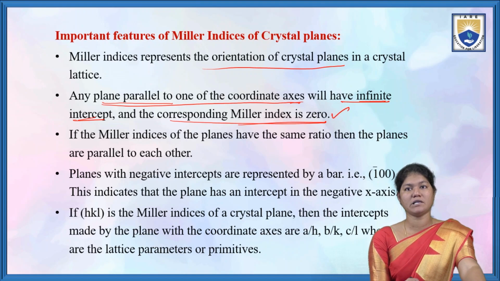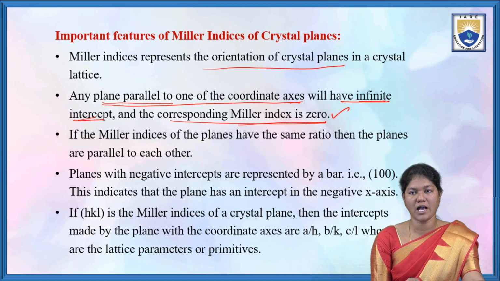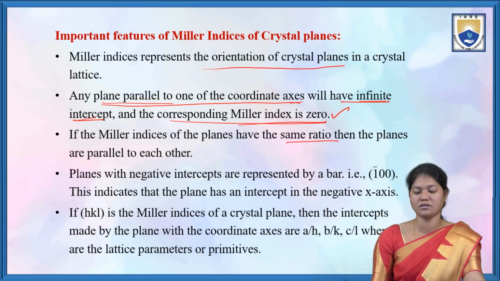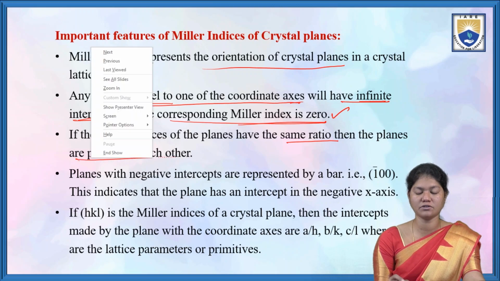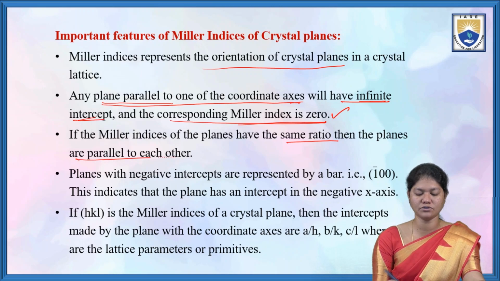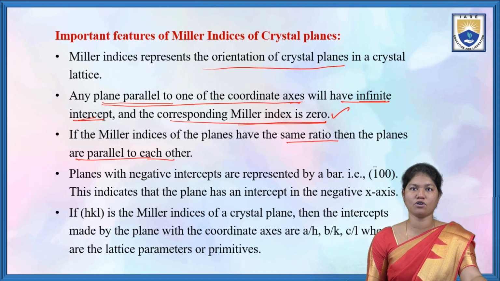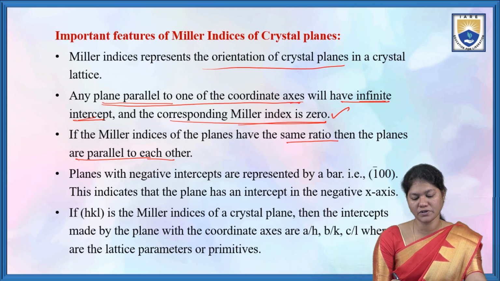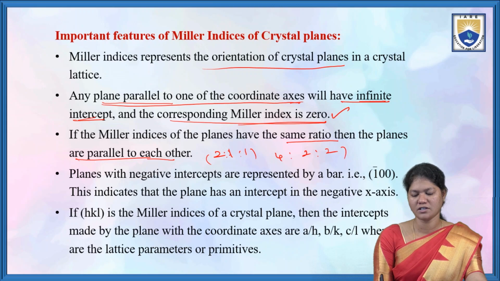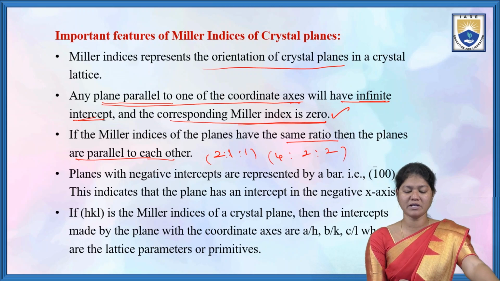If the Miller indices of the planes have the same ratio, then the planes are parallel to each other. Suppose we can write 2, 1, 1 and 4, 2, 2; these have the same ratio.